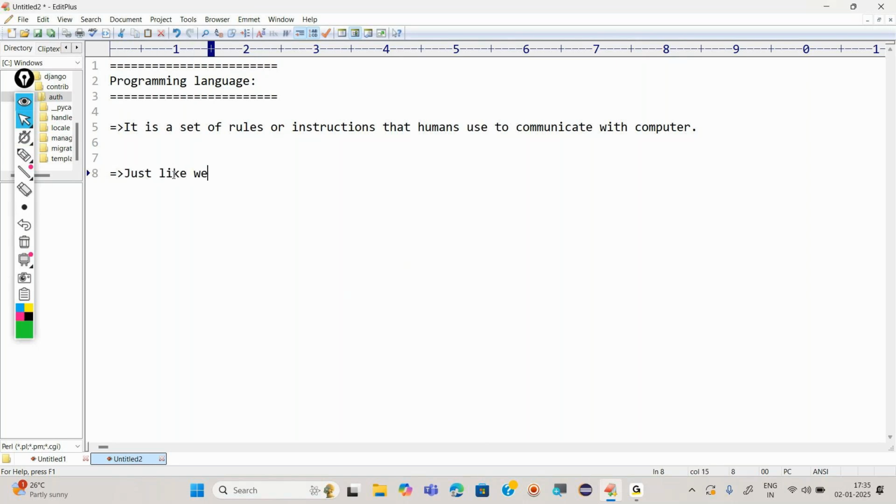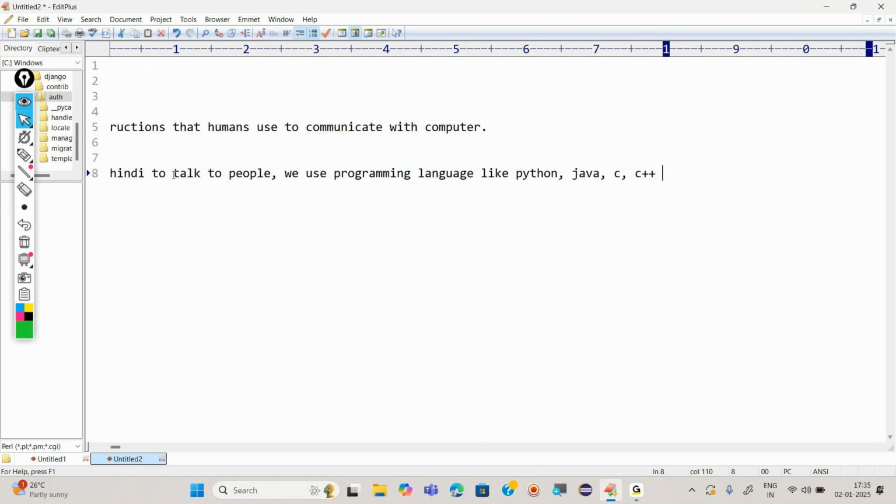Just like we use English or Hindi to talk to people, we use programming languages, like Python, Java, C, C++, to talk to the computer and tell it what to do.